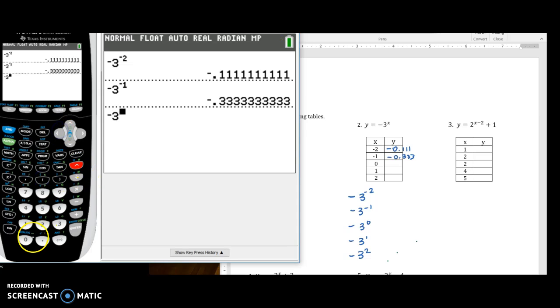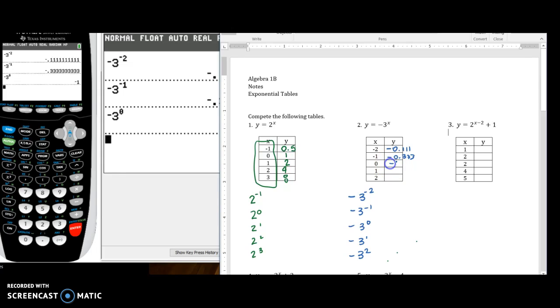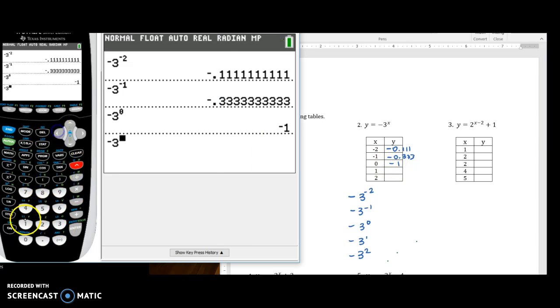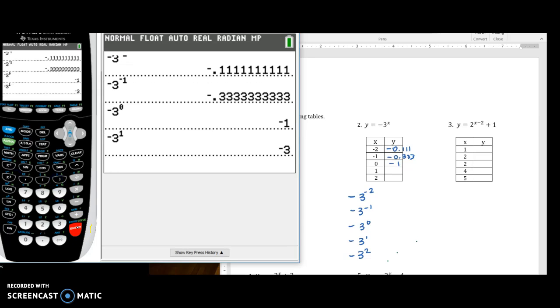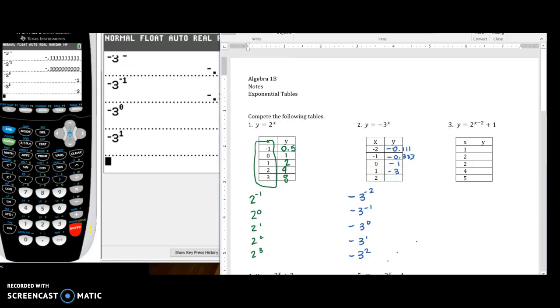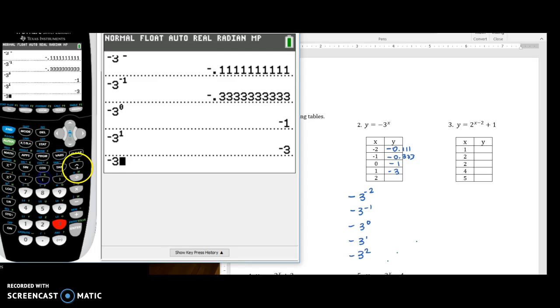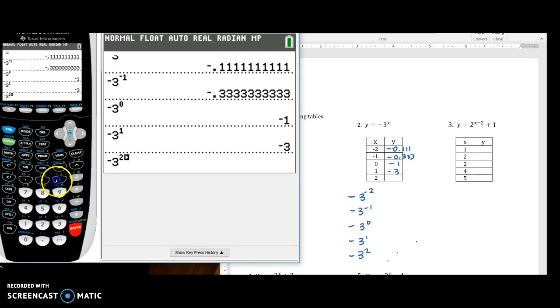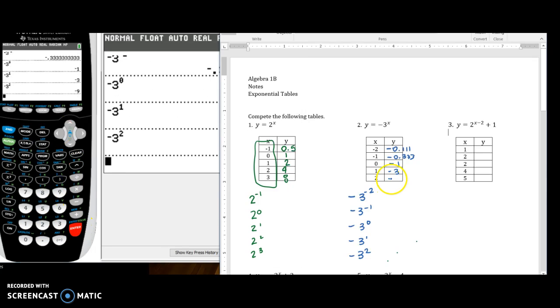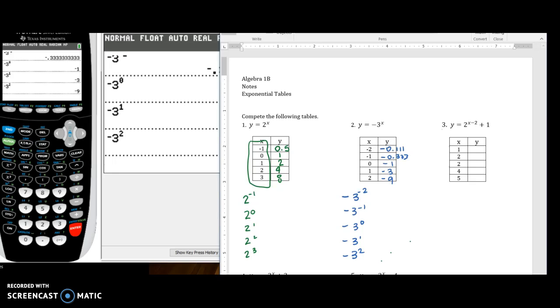Negative 3 to the 0 should probably be negative 1. Negative 3 to the 1 power, I think should just end up being negative 3. And then negative 3 to the 2 power is negative 9. Notice since we had no parentheses, all these answers are going to end up being negative.